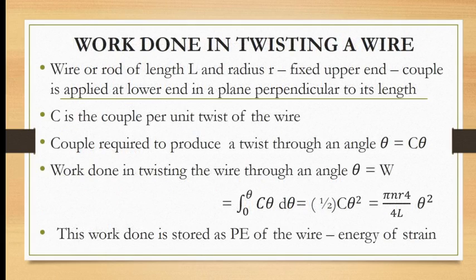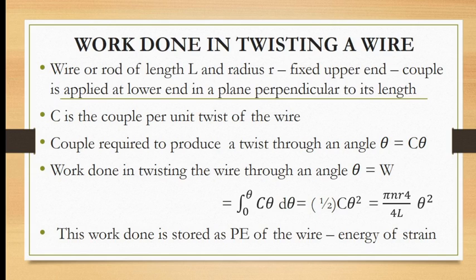Now the last small topic, that is the work done in twisting a wire. We had already seen that this work done is stored as the potential energy, isn't it? That potential energy is known as the energy of strain. So here we are going to find out, we have the value of C. C is the couple per unit twist, isn't it?